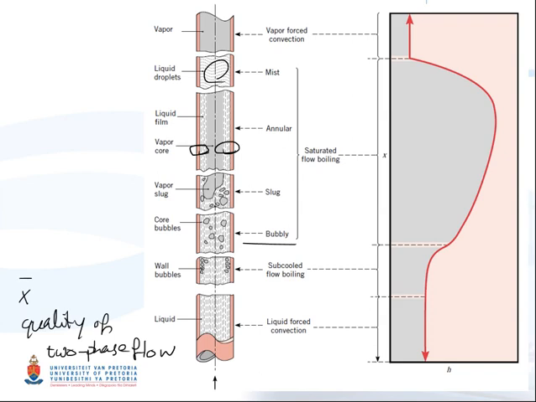When all the droplets are completely vaporized, the fluid consists of superheated vapor, just like superheated vapor here, and the second single phase forced convection region. So we start from single phase forced convection, which was based on liquid, and finish with a single phase forced convection region, but this time based on vapor.